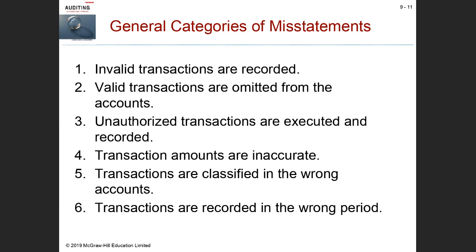So a good internal control system will ensure that transactions are recorded in the correct period rather than in the incorrect period. Okay, so all of these misstatements, we could think about these and say, yeah, you can understand how these misstatements could occur, but a good internal control system will prevent these errors from occurring, or if they did occur, it would detect them and correct them.